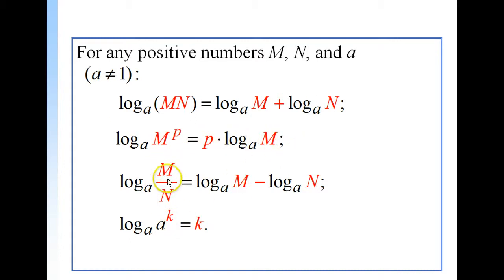If it's division, we're going to convert it to subtraction. And then if it's a log base a of a to the k power, it just equals k. This would be a very good summation to have in your notes, and you should probably pause it to write it down. And that'll wind this up.